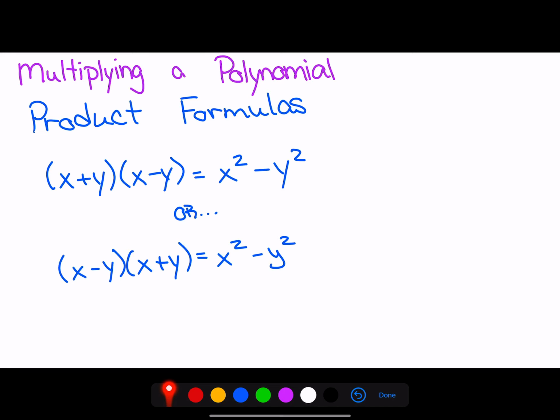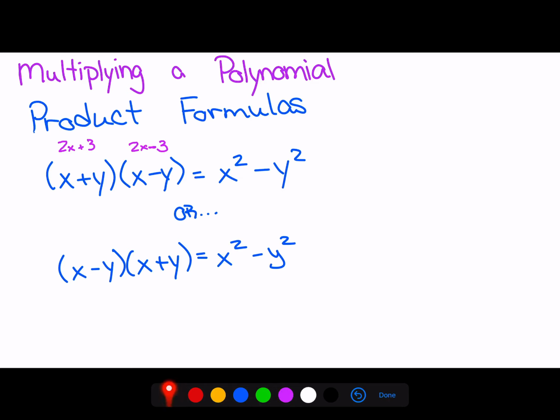Next, the product formula. These will be extremely useful. They're just shortcuts, so keep that in mind. The product formula says that if I have these two numbers being the same in both, for instance, 2x plus 3 times 2x minus 3.